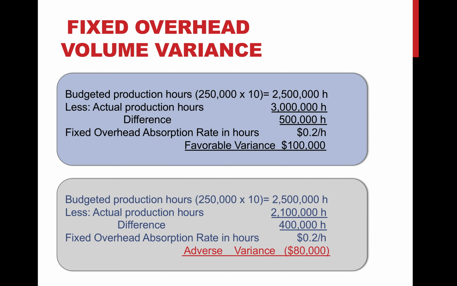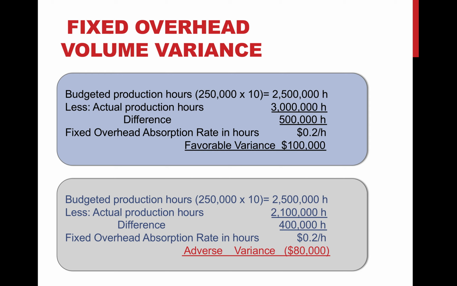I sent to the inventory, or to the cost of goods sold of every item sold, this fixed manufacturing overhead at 0.2 each, or to the inventory at the same rate. But if you multiply the actual production hours, that is 3 million, times 0.2, you will see that you send to the inventory or to the cost of goods sold 600,000 instead of 500,000, which was the expense of the year.